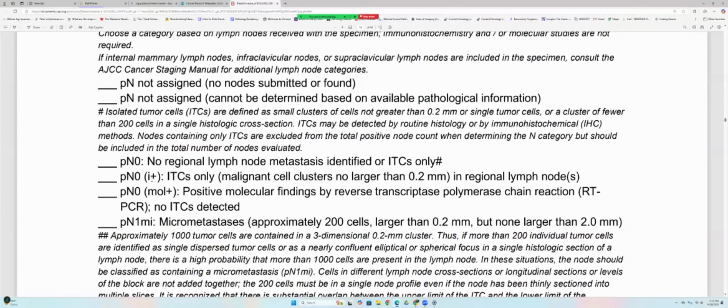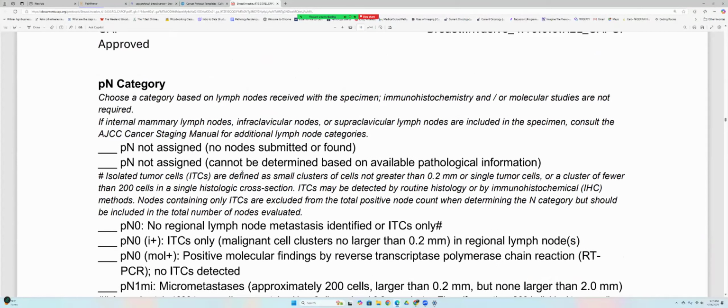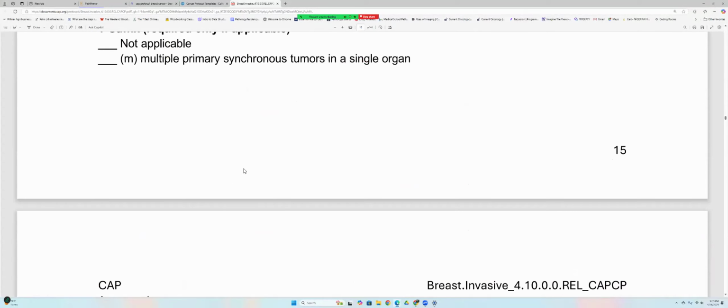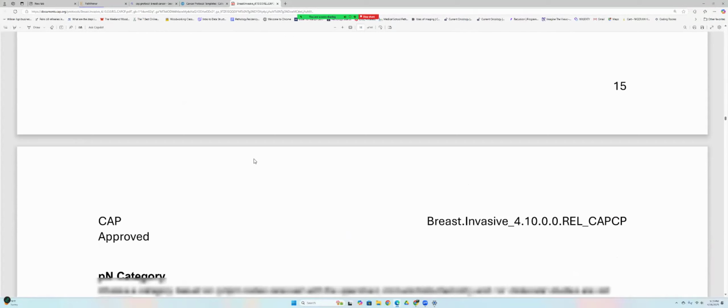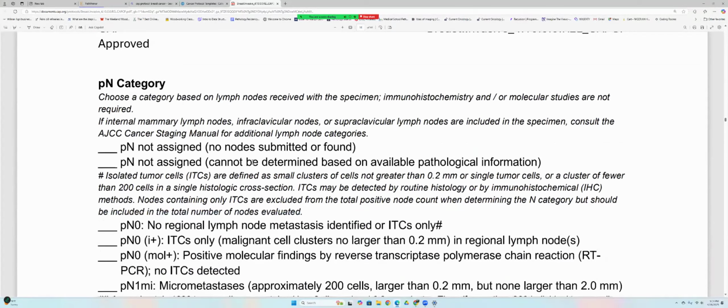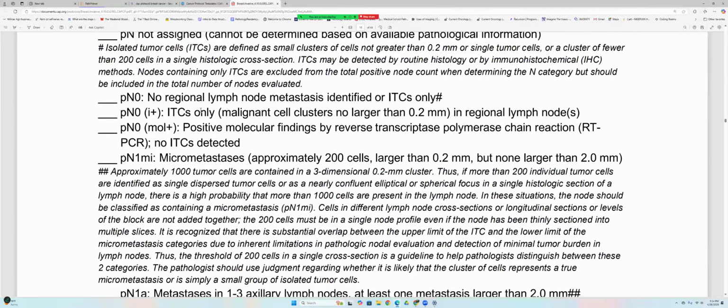So pN0(i+) is ITC. ITC stands for what? Isolated tumor cells: only malignant clusters no larger than 0.2 millimeters in regional lymph nodes.